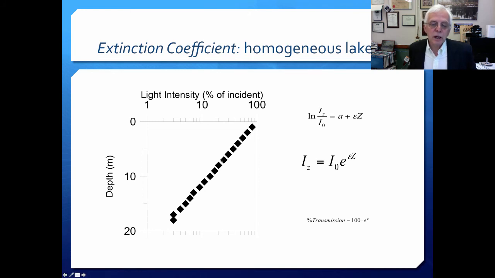The slope of this line in log terms gives us an estimate of the percentage of radiation that is lost per unit depth. This is a homogeneous lake, and the extinction coefficient is calculated as at right by simply rearranging this very simple equation, which expresses this linear relationship between the percentage of light at depth as a percentage of the light at the surface.